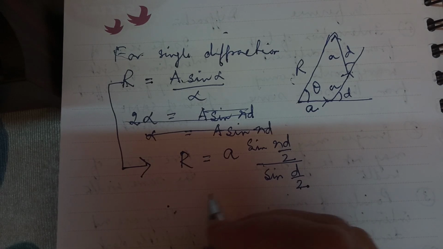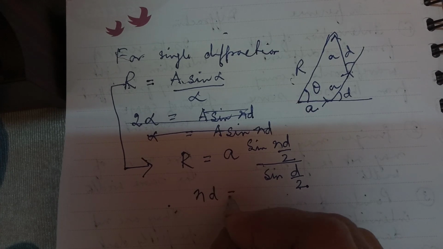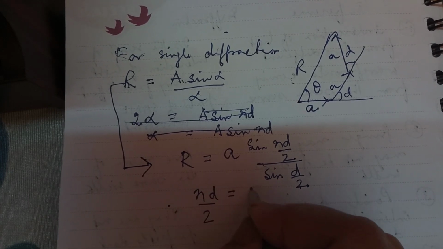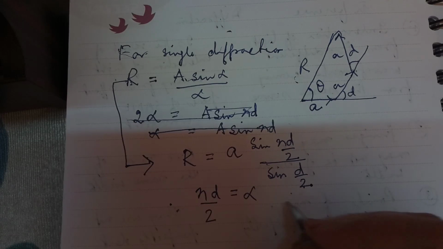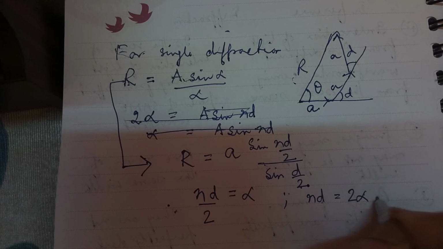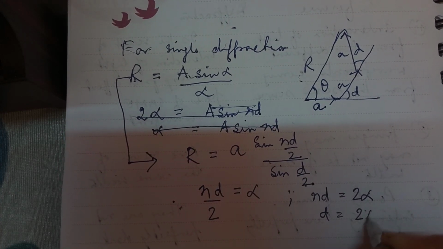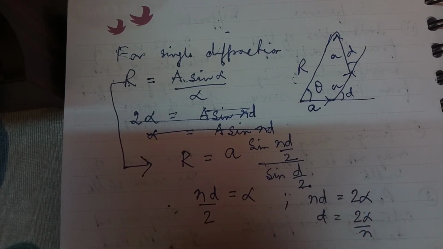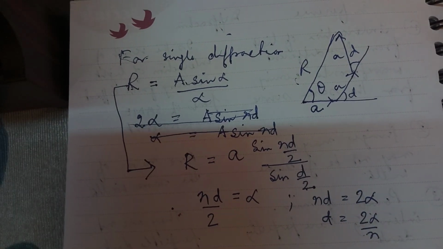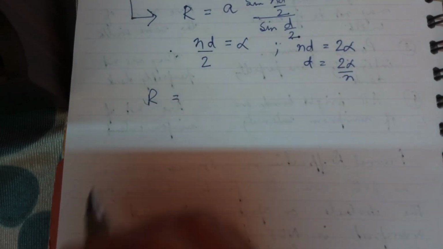How are you getting that? If you take ND by 2 as alpha, then ND is equal to 2 alpha, and D will be equal to 2 alpha by N. Now if you substitute for R, what do you get?